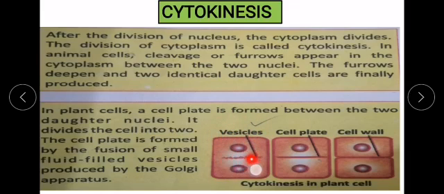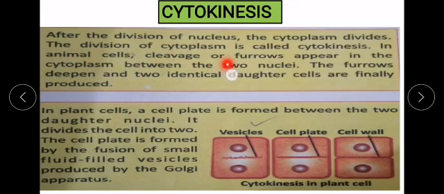So many membranous bubbles gather in the center of the cell, and then they fuse and form a plate-like structure which we call cell plate, and then this cell plate becomes cell wall and divides the parental cell into two daughter cells. So this is the difference between cytokinesis of an animal cell and a plant cell.